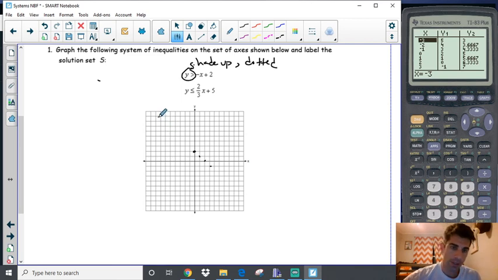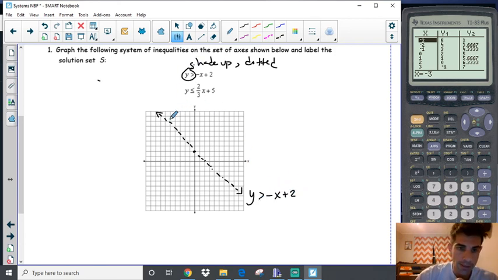Now I'll sketch this here, but you should definitely try to use a ruler or something straight, especially when you're graphing these, because that point of intersection a lot of the times is important. Okay, before I shade, I just want to make sure, this says to shade up, right? Now what's the point of this?